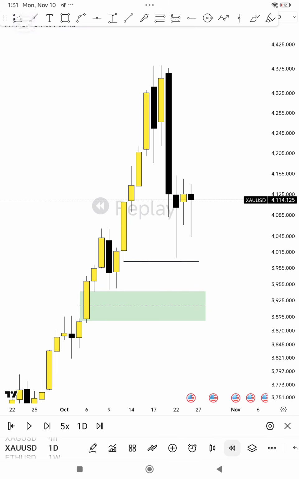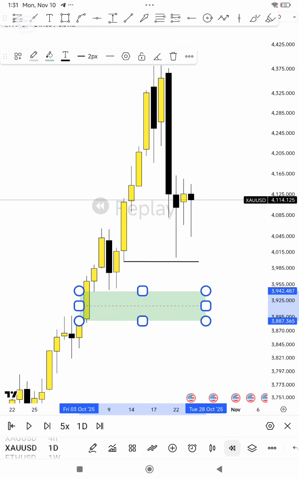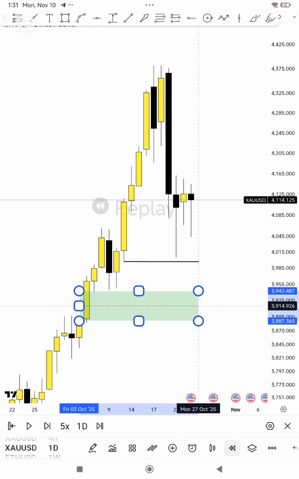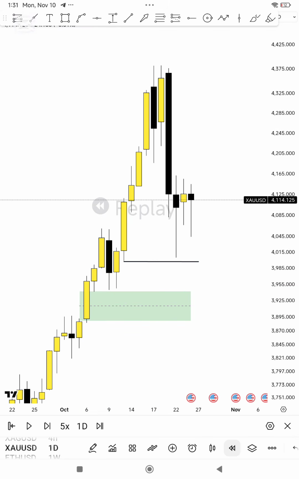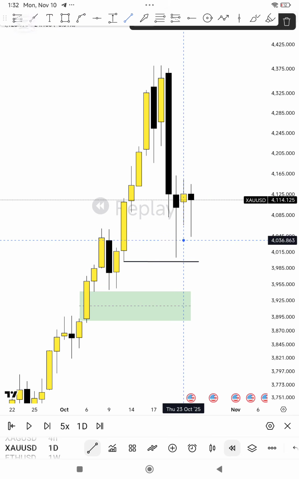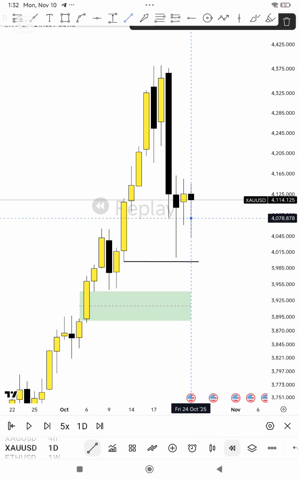Now look, and you can clearly see that unfilled key level.